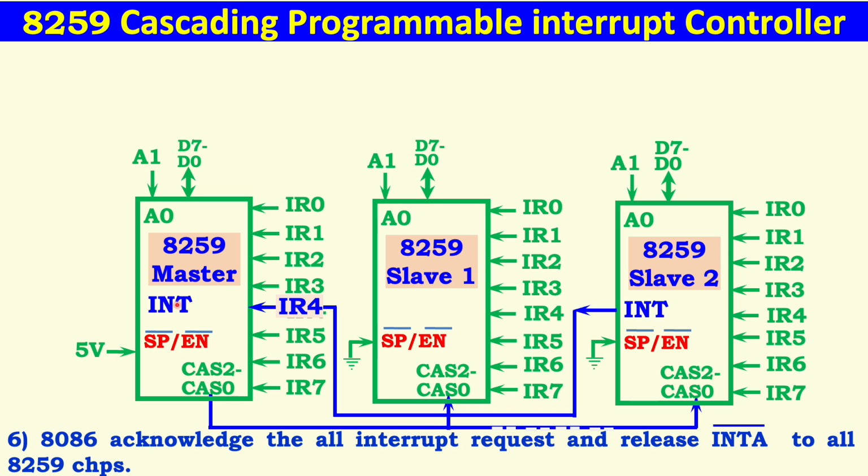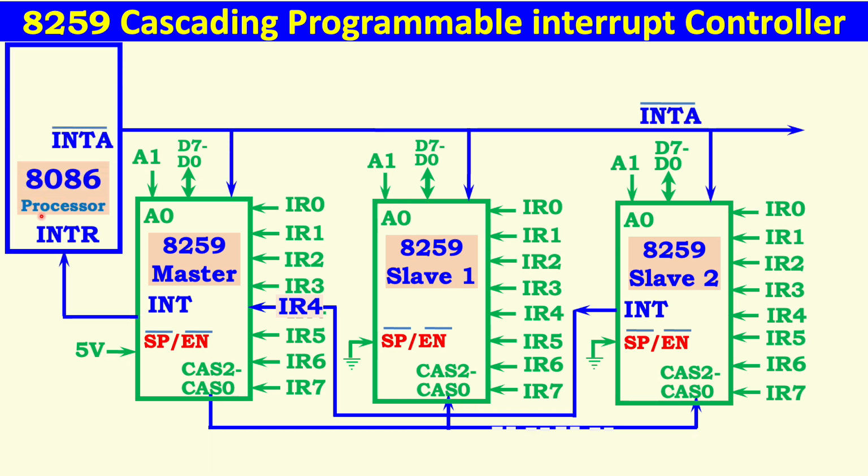Now the master is connected to the 8086 main processor, so that the 8086 processor will take a request from the master 8259 chip when it is in cascading operation from all chips. This is one example I showed here, from slave 2 how the request is made to the master, and how the master sends a request to the 8086 processor.